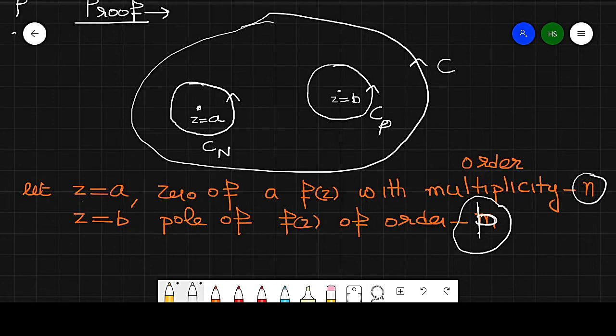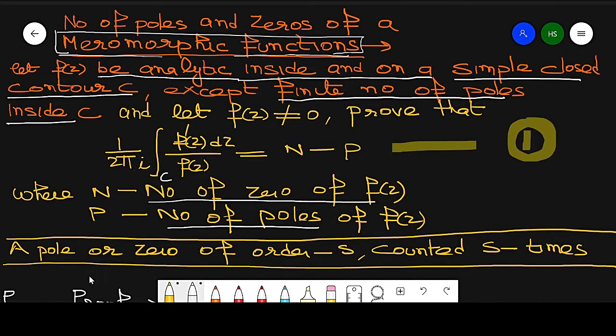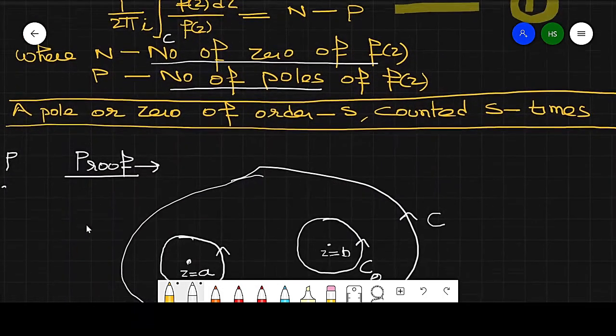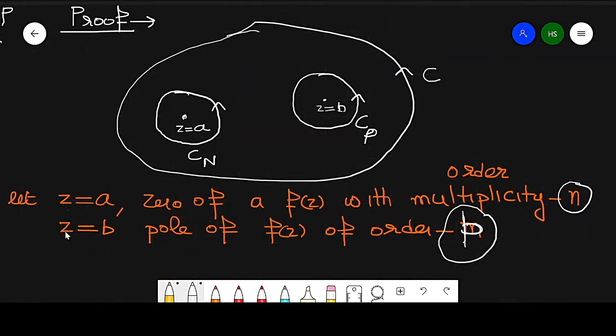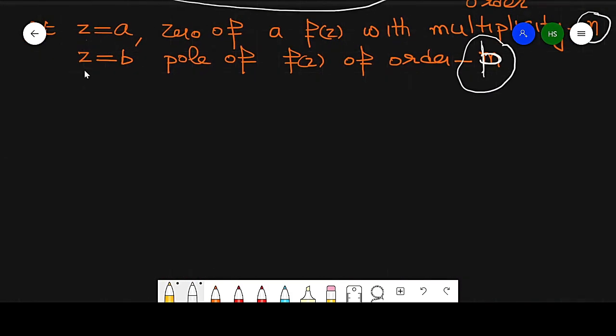So what are Cn and Cp? First is Cn and second is Cp.